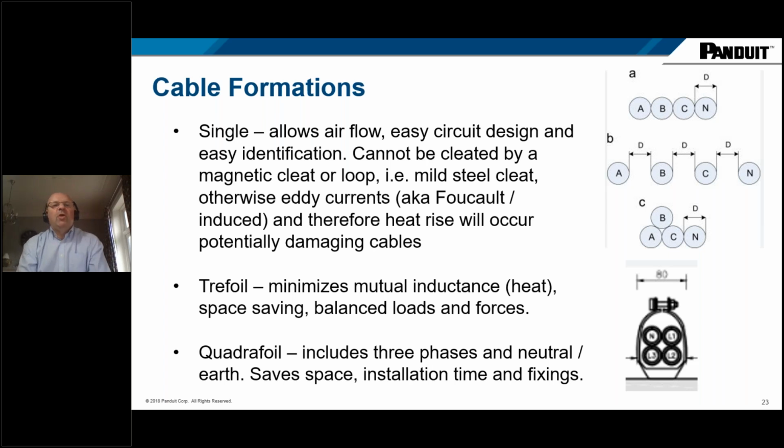Now, cables can be formed in a number of different ways. They can be a single cable formation, a trefoil cable formation, which is in effect one cable on top of two cables, or even a quadrifoil formation, which includes the three phases and neutral or earth.